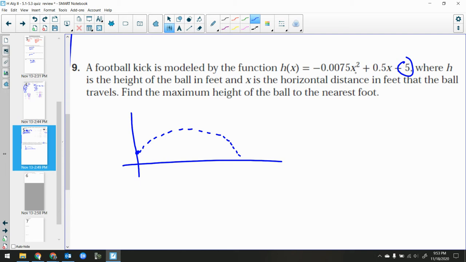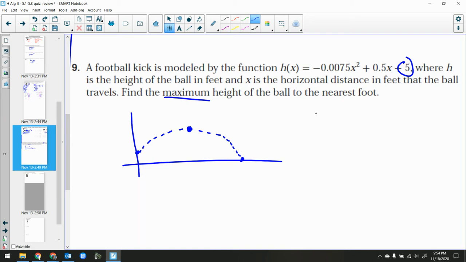I can't use the zeros here because this is not a symmetrical one, right? So I can't use the zeros and take half of it. I need to rely on the negative b over 2a. How do I know I want to find the negative b over 2a? I want to find the maximum height.